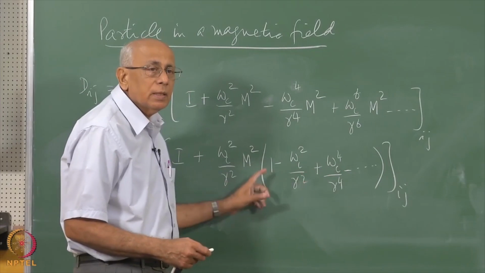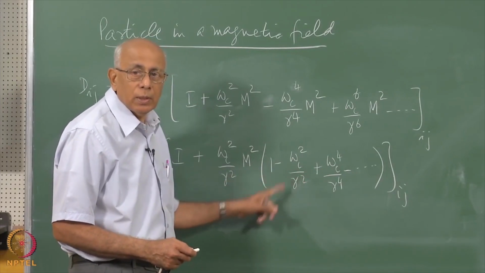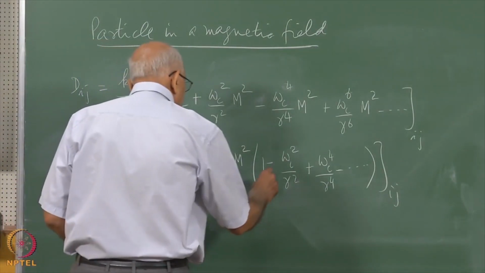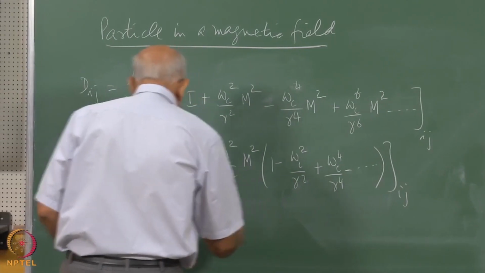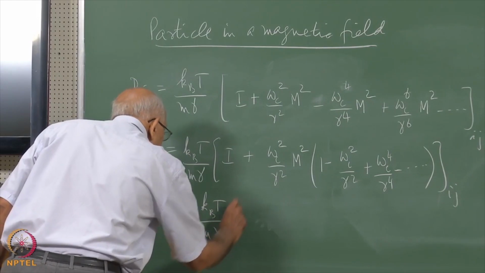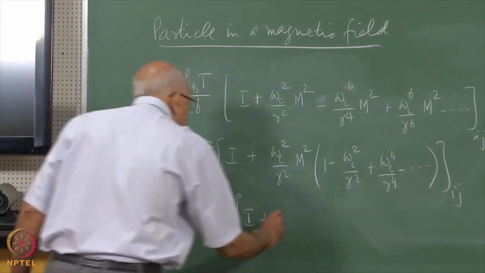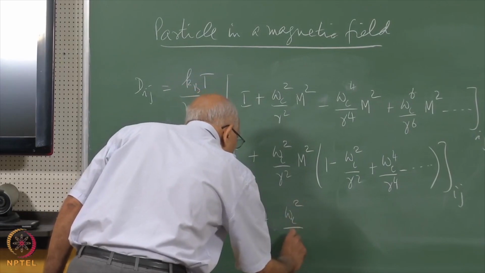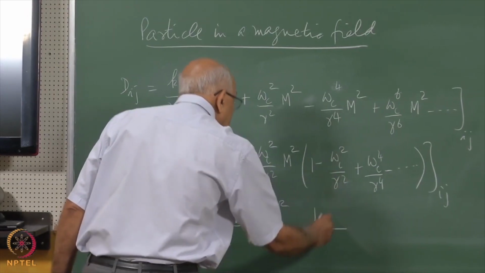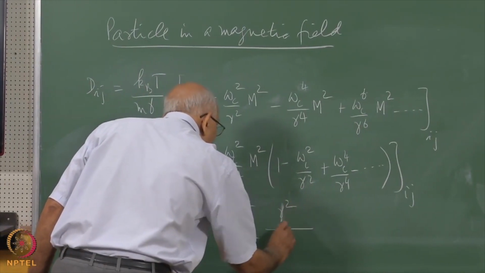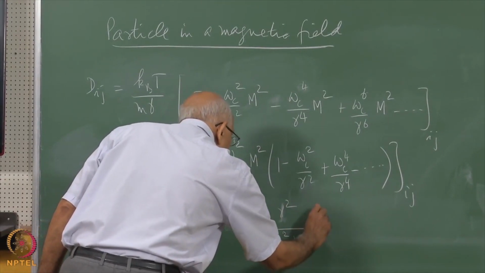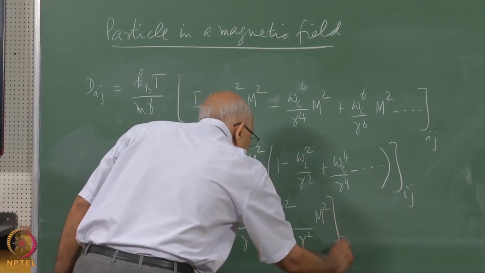This alternating series says it is 1 over 1 plus this quantity here. So this is equal to k Boltzmann T over m gamma, I plus omega c squared over gamma squared, and then 1 over 1 plus this squared, which is gamma squared over omega c squared plus gamma squared m squared, ijth element.